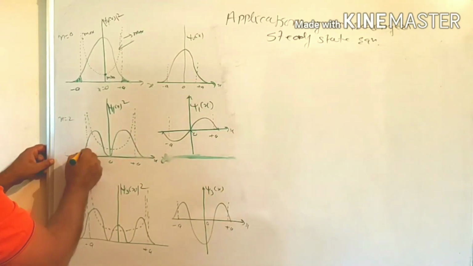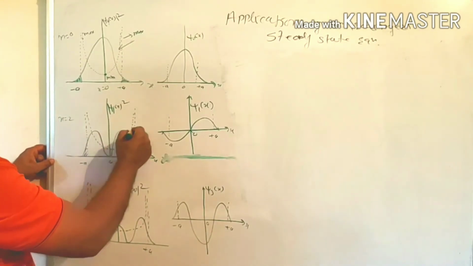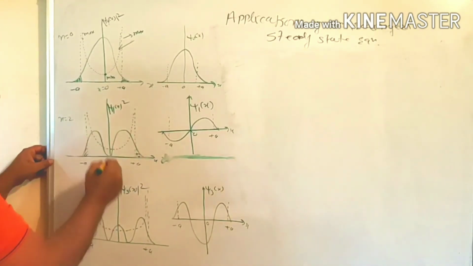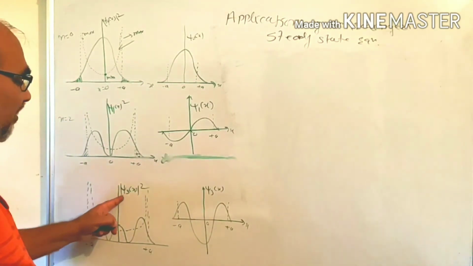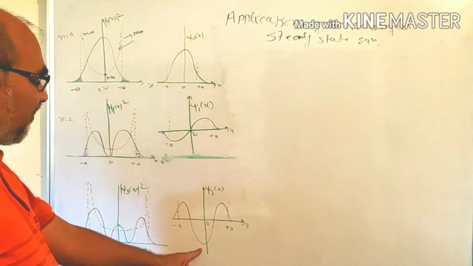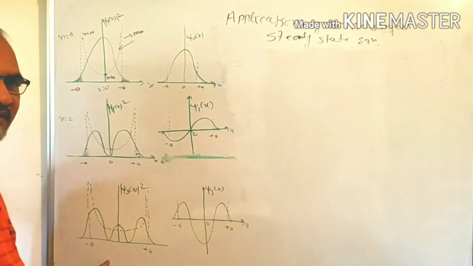This is also the forbidden region, and there are two bumps, and the dotted line is the classical probability distribution. This is the ψ_3 wave function, and this one is the ψ_3 mod squared. So this is the probability density.